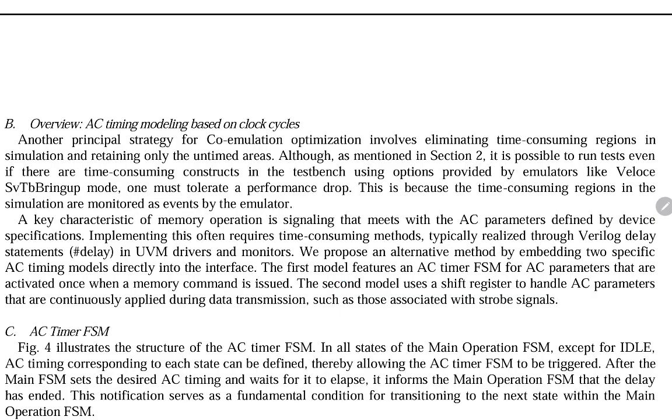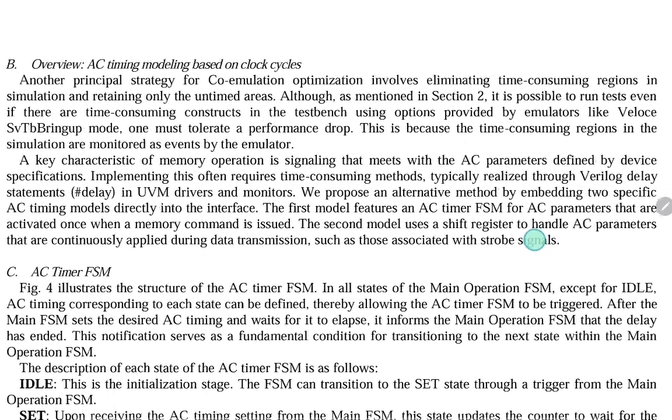The first model features an AC timer FSM for the AC parameters that are activated when an emulator memory command is issued. The second model uses a shift register that handles AC parameters that are continuously applied during the data transmission, such as those associated with the strobe signals.